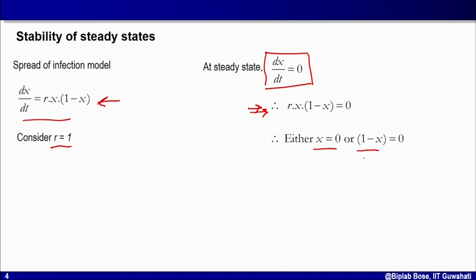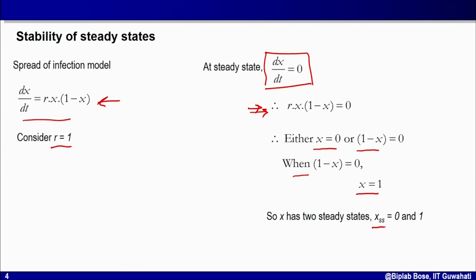If I consider 1 minus x equal to 0, then I can use simple algebra to get x equal to 1. So this system has two steady states. x_SS, that steady state value of x, is either 0 or 1. For both values, the system will be in steady state.